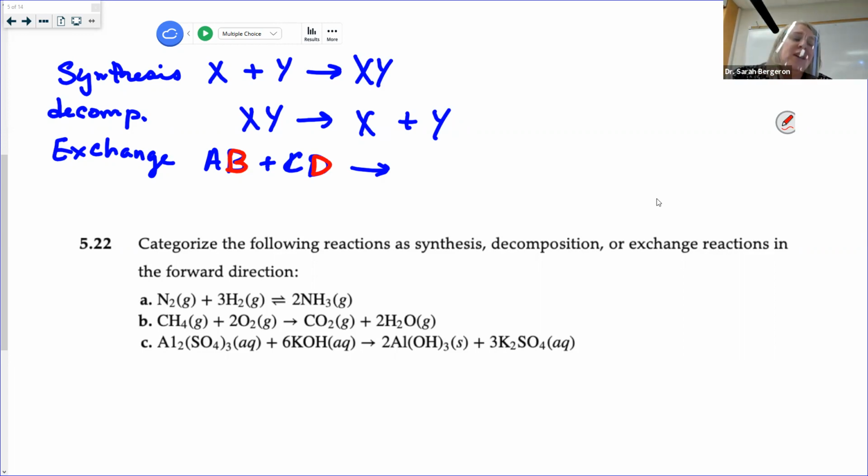So what happens in an exchange? They trade partners. So if A normally partners with B, what's A now going to partner with? D. If C normally partners with D, who does C now partner with?